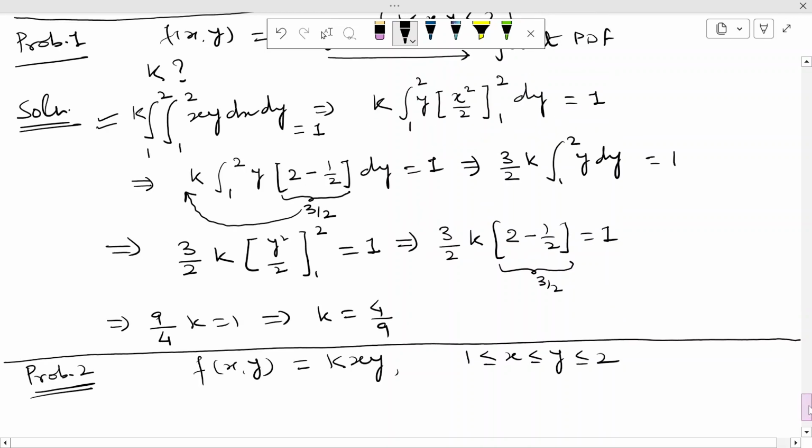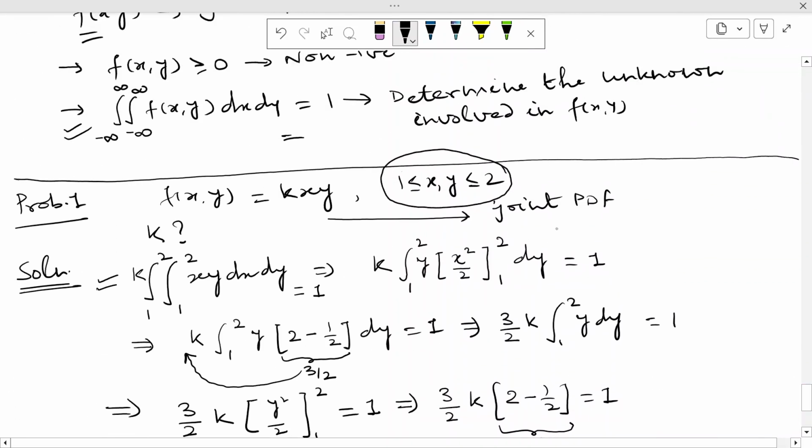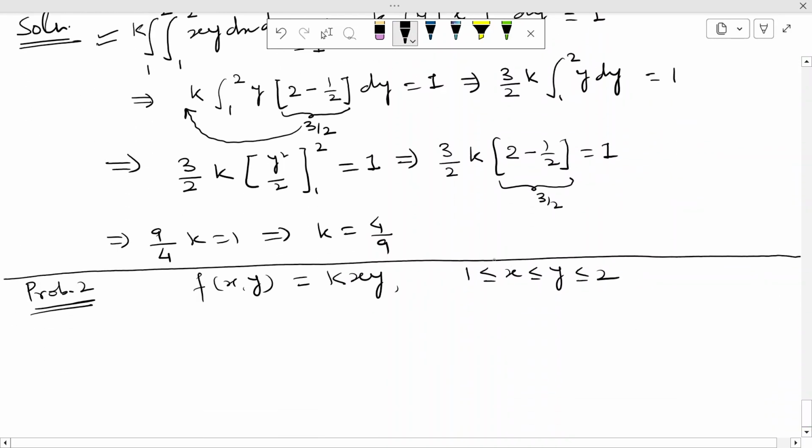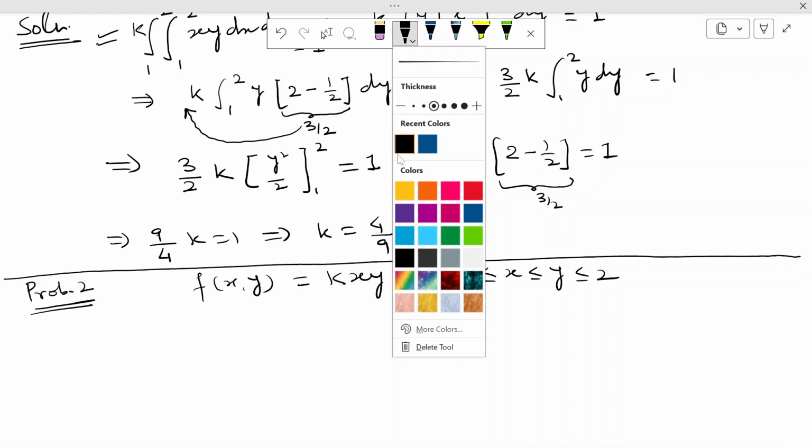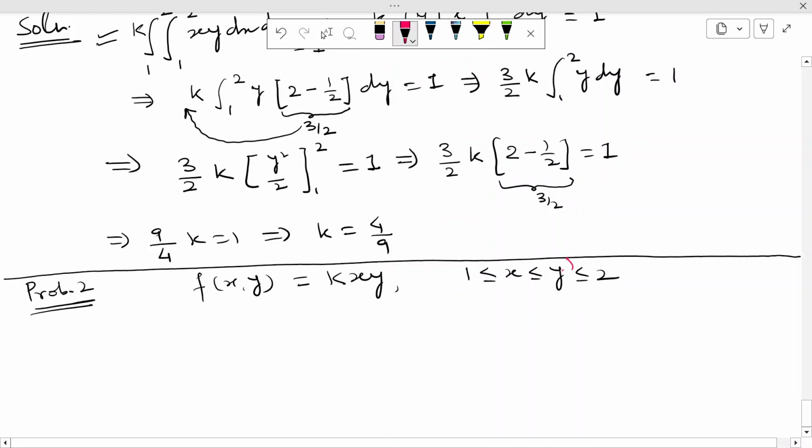In example number 1, x comma y both vary from 1 to 2, but now x and y are again lying between 1 and 2, and apart from this we have another condition, that y should always be greater than x.